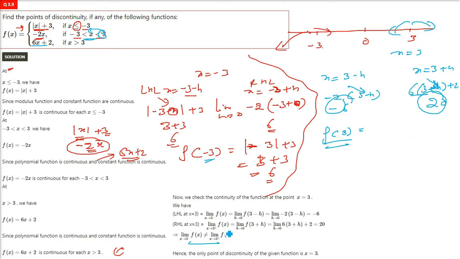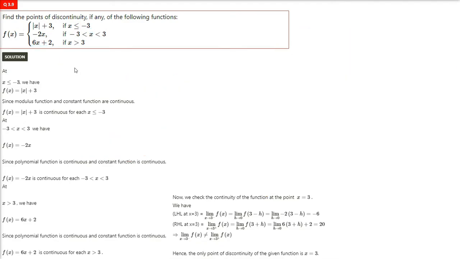And on the other hand, minus 3 is definitely the point of continuity. There are several questions like this, and I encourage you to check for both the points of contention, not just one. You see in the solution it is only being checked for 3.